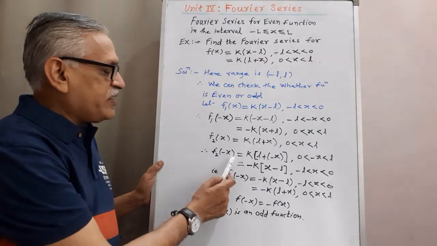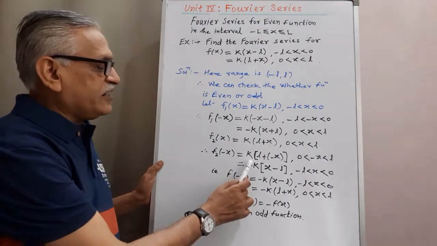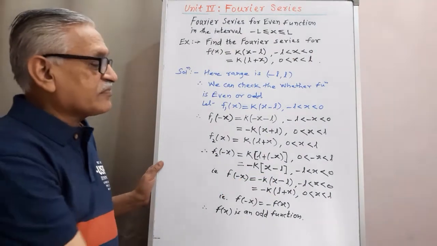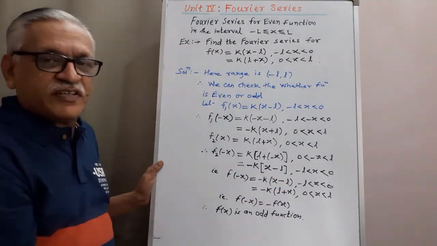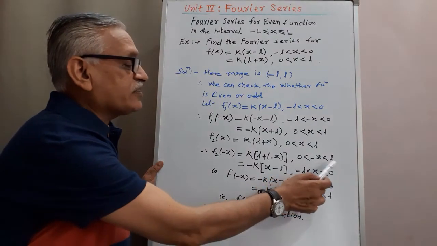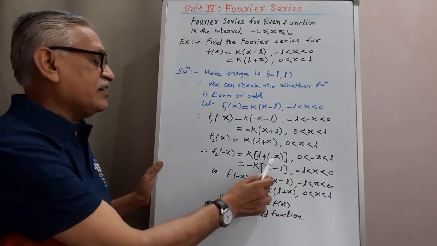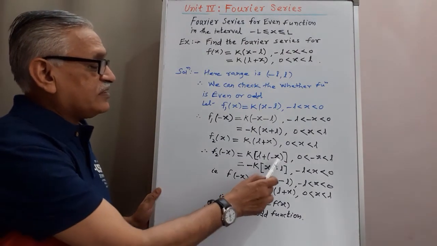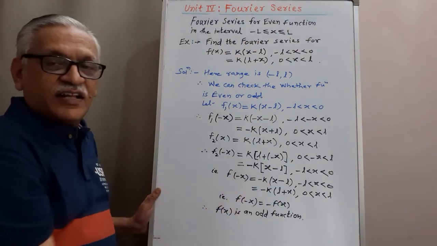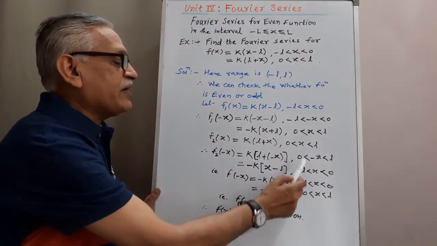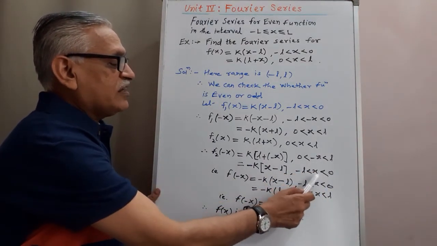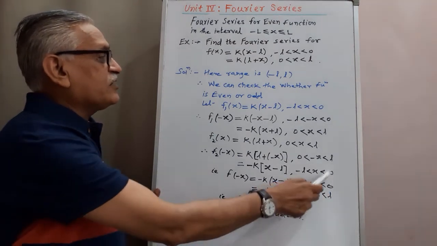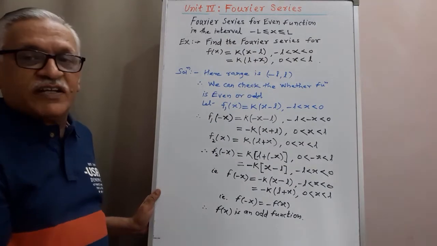We get f2(−x) as k(L − x), and in the range also we replace x by −x, 0 < −x < L. Rewriting it by taking the minus sign common, we get −k(x − L), and multiplying by the minus sign we get −L < x < 0. For −L to 0, the original value is k(x − L).